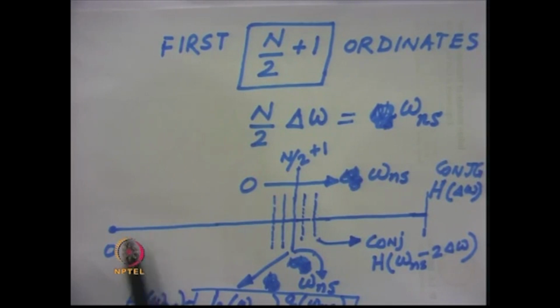The frequency content of the ground motion will be equal to G omega, that is again the first 17 ordinates of the frequency contents of the ground motion that we take at an interval of delta omega and multiply this with H omega.